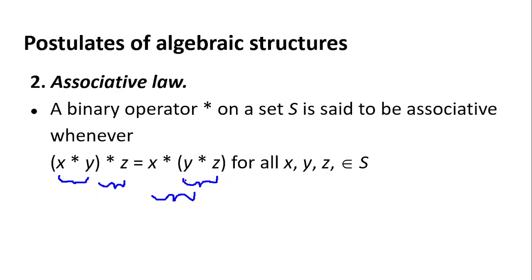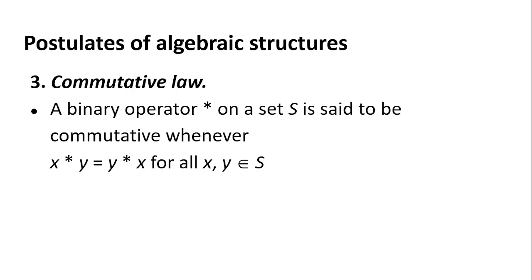So you take these two operations first, then the next operation, or you take x and z first, and then the y. In any case, you must get the same answer. If you get the same answer, that means they are associative. You can combine them in any way you want, but still you are able to get the result.